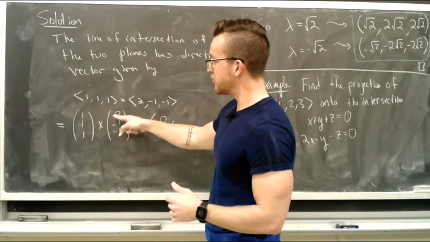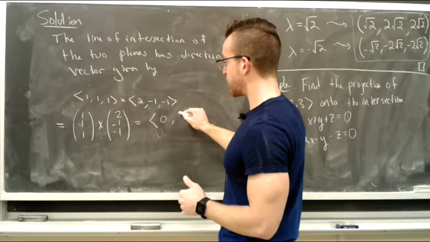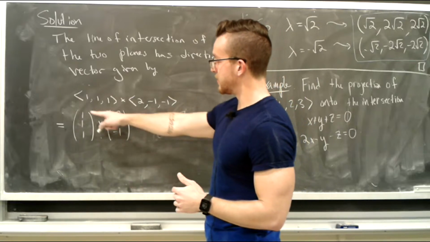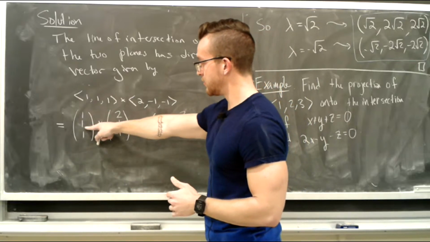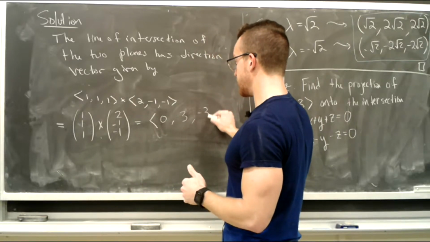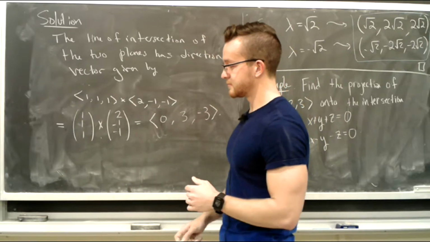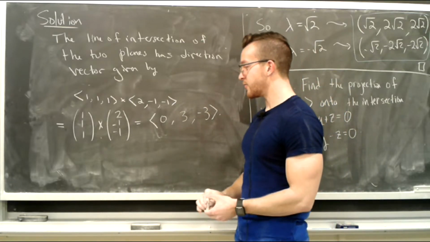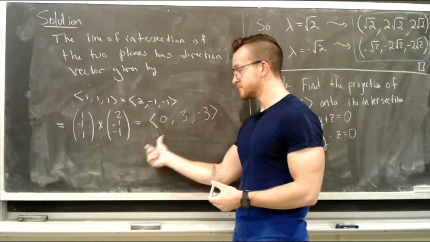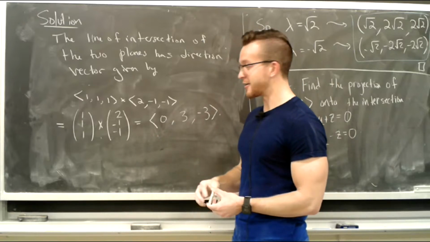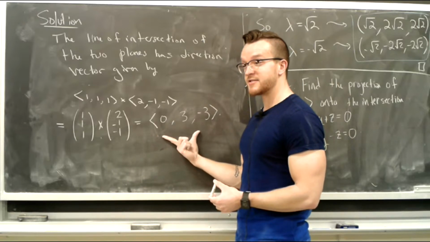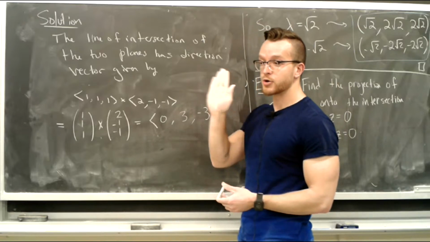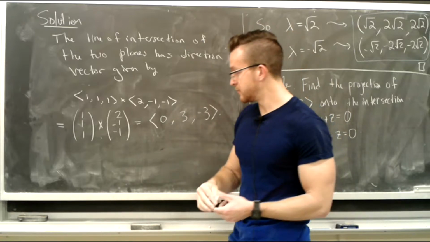And then 2 minus negative 1 is 3. And then negative 1 minus 2 is negative 3. So there's probably a 95% chance I did that correctly. That's the cross product. This is the vector that I want to project onto.